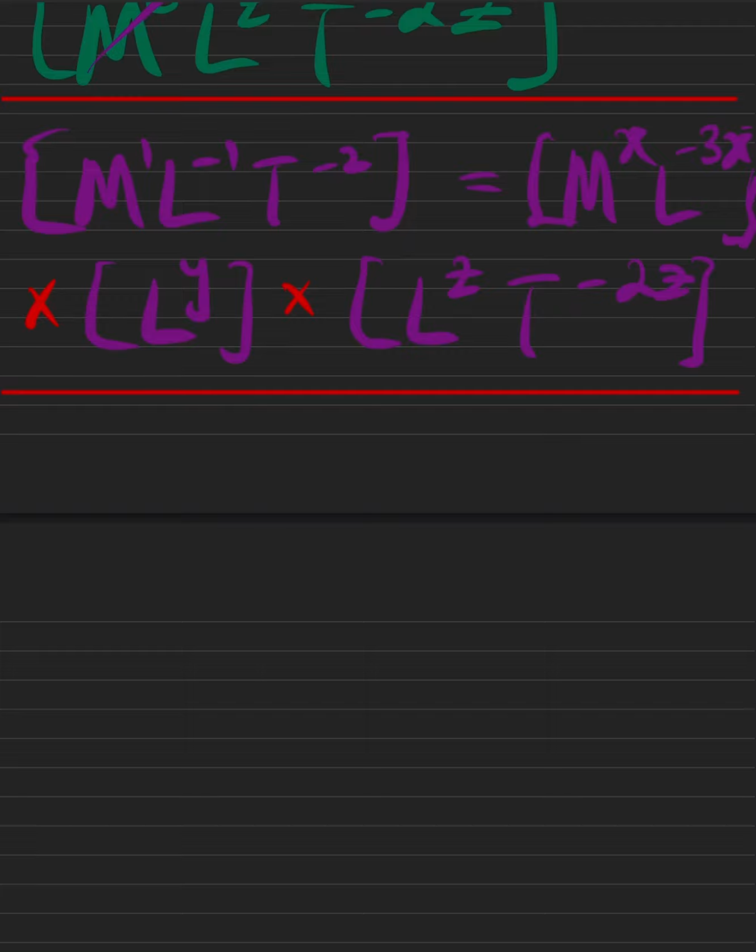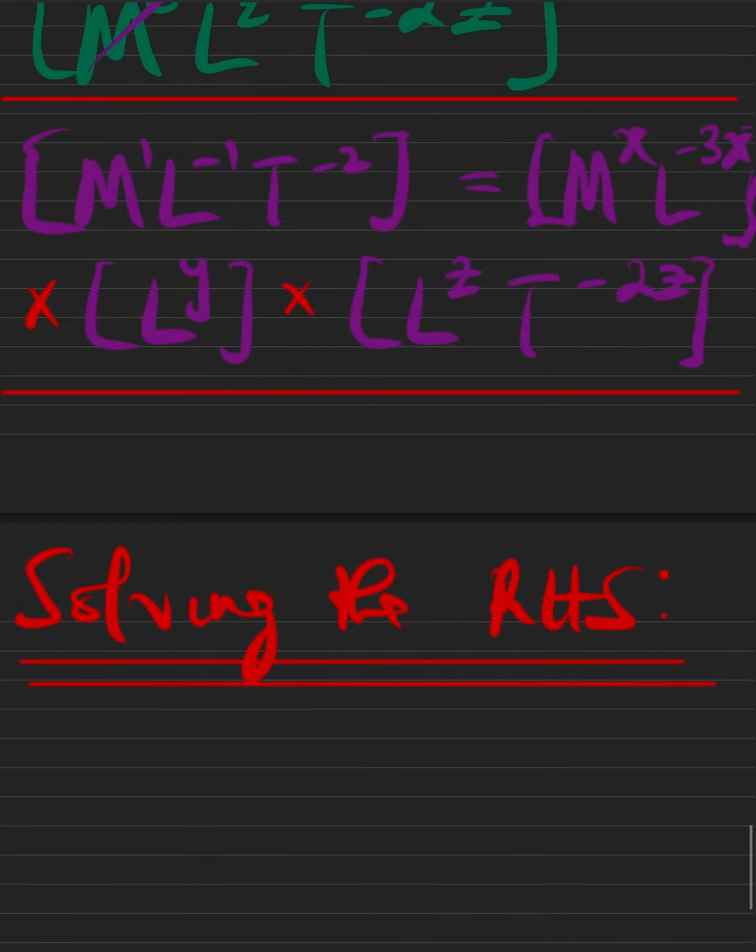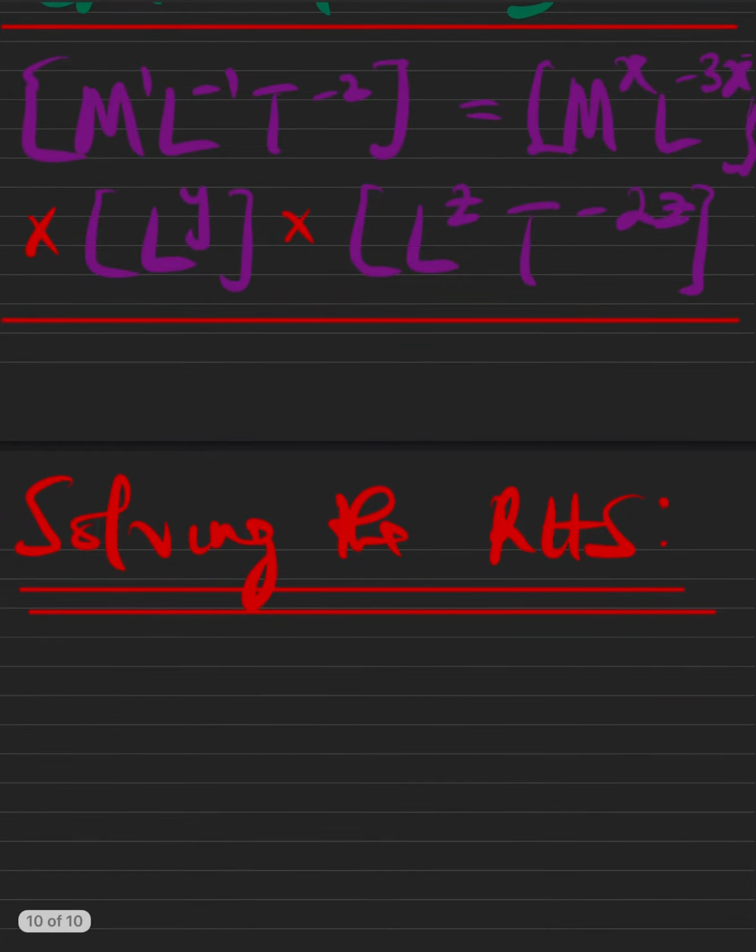So we can just say that solving the right hand side, right? So from there we are going to bring all of the m's together. That means that the m is x, right?